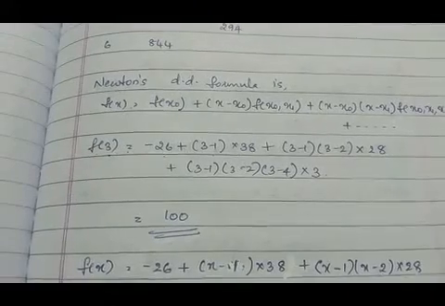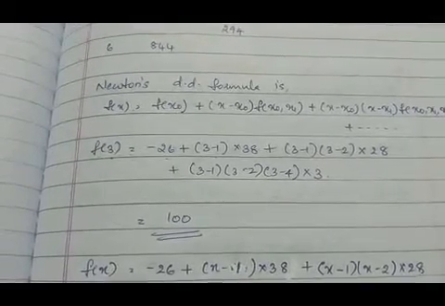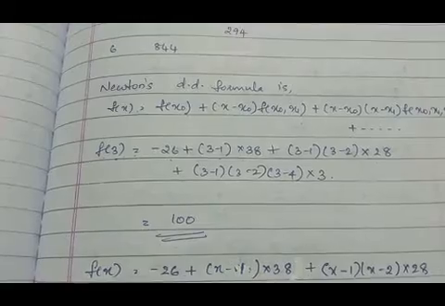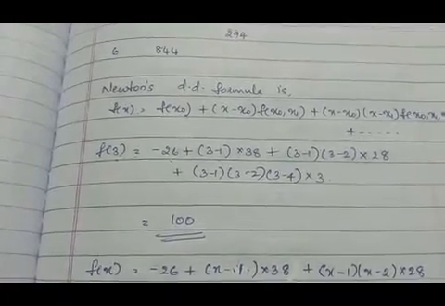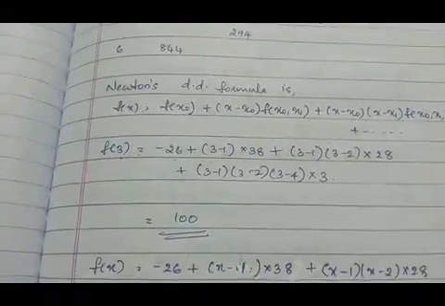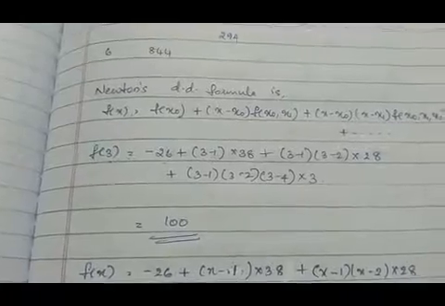Keep x as such, because we have to find the polynomial, and the polynomial is a function in x. So we need a function in x at the end. So keep the x as such.